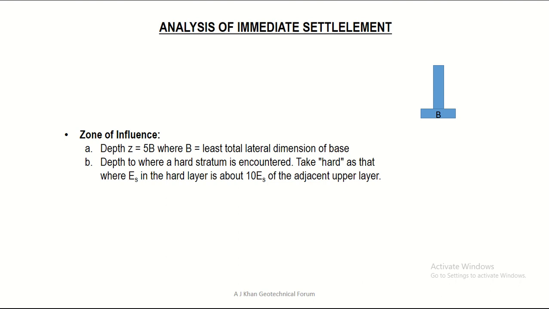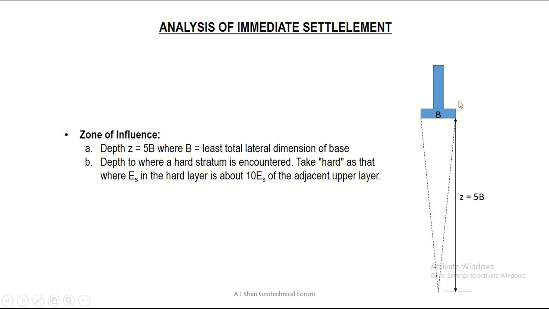For immediate settlement analysis, it is suggested by Bowles that the zone of influence should be considered as Z equal to 5 times B. That is 5 times the least dimension of the base. That means we are talking about something like this. So for immediate settlement analysis, you will have to consider the properties of the subsoil 5B depth below the footing.